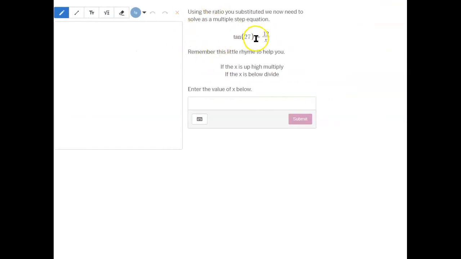So we're going to go ahead and put a 1 under x here. I'm going to type this out so that we can visualize it. I'm going to say tan 27 divided by 1. That way I turn that into a fraction, is all I'm doing, is equal to 12 divided by x.